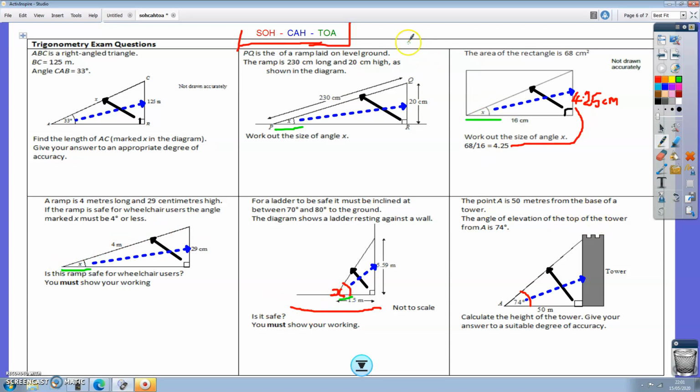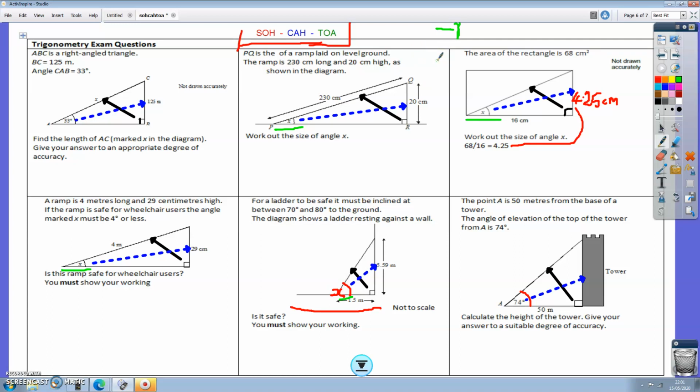They are always going to be sin -1, cos -1, tan -1. So when you get the right ratio, remember I'm going to have to do the inverse, cos -1 or sin -1 or tan -1 of what you need to do.